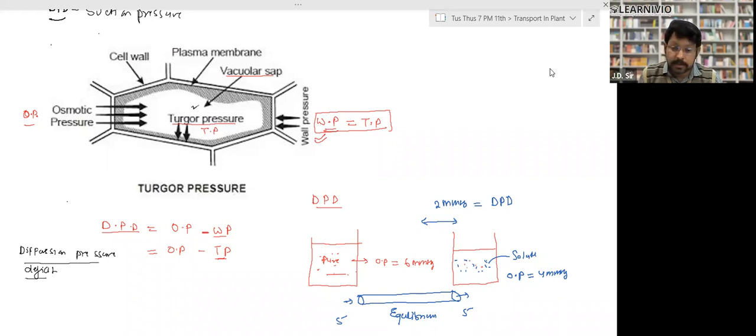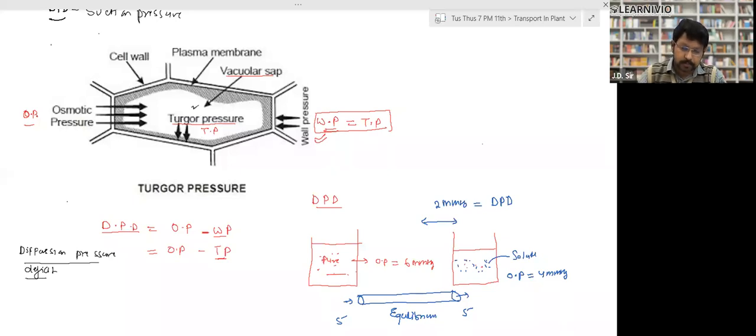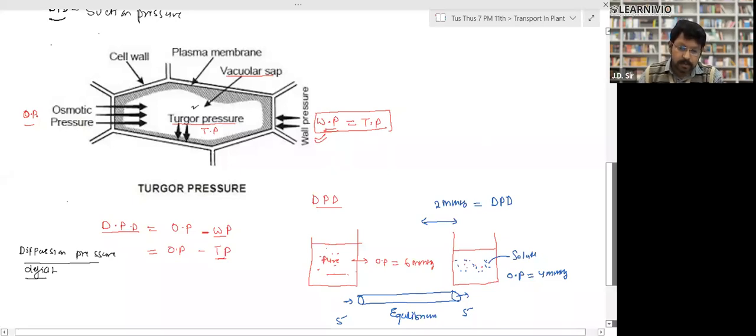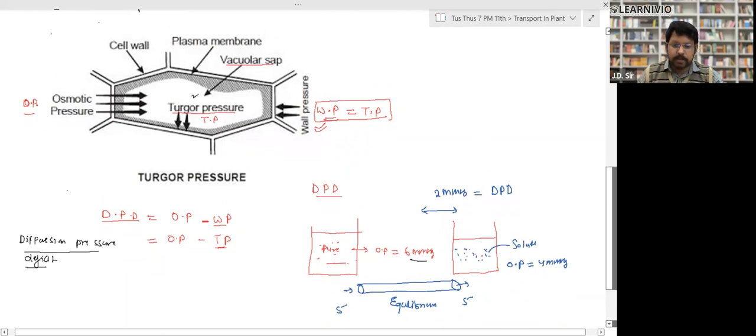Now you can understand it in the same way with water. Look here, this is the pure water, right? And osmotic pressure is 6 mmHg, right? And here there is the solution and this is 4 mmHg, right? So 6 mmHg and 4 mmHg.